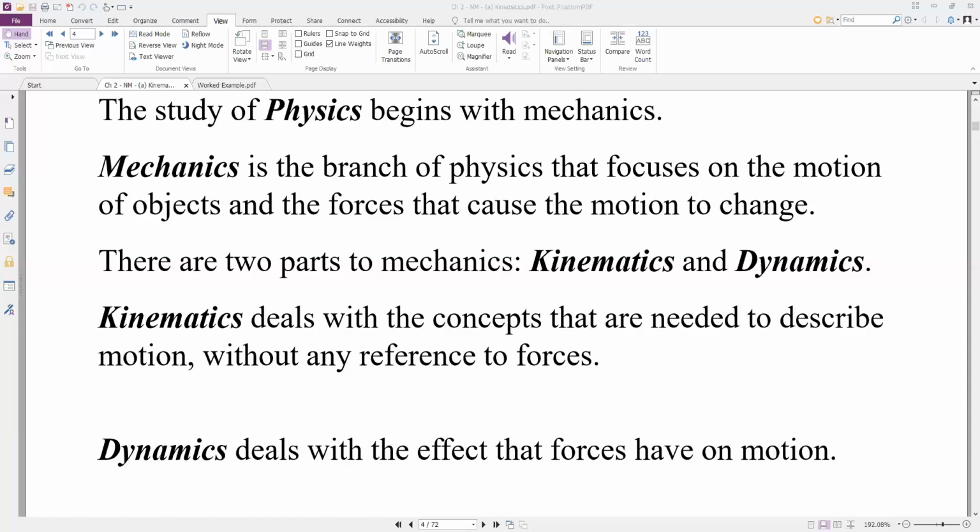u is the initial velocity, and after a time t, the velocity of the particle is v. Using the equation of motion for a particle with constant acceleration, we can calculate the final velocity: v equals u plus a t, where u is the initial velocity, a is the acceleration, and t is the time.